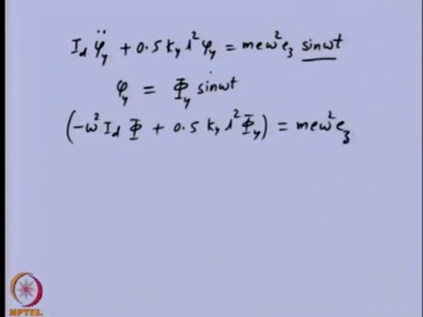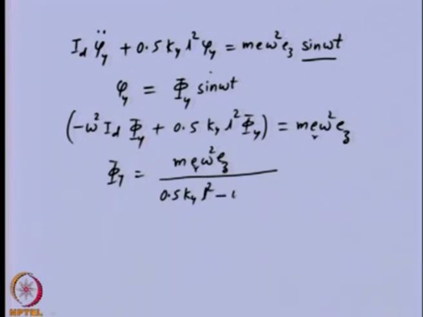Now, we can write phi y equal to m e omega square E z, where E z is the axial eccentricity and E is the radial eccentricity which we wrote as E r, divided by 0.5 k y L square minus omega square I d.